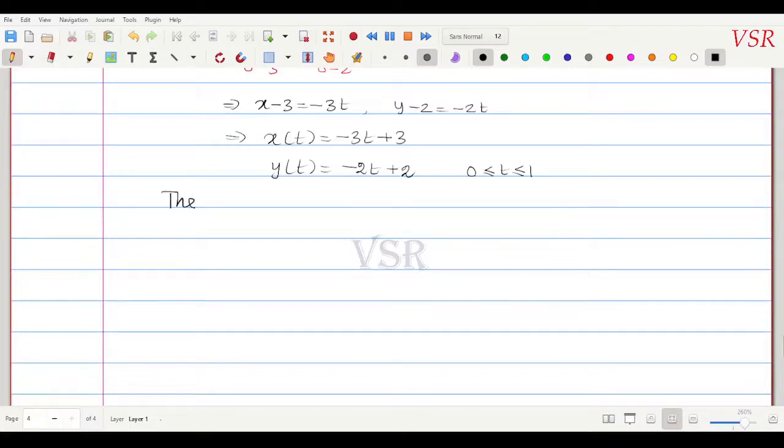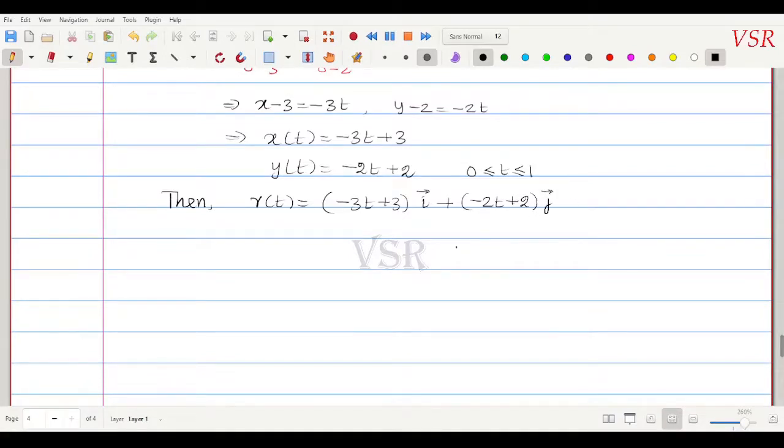Then we'll have r of t, which is equal to x of t. How can we write this? That is minus 3t plus 3 into i vector plus minus 2t plus 2 into j vector.